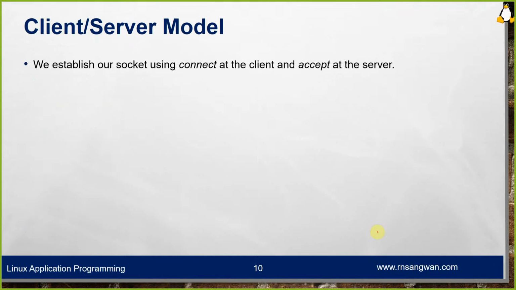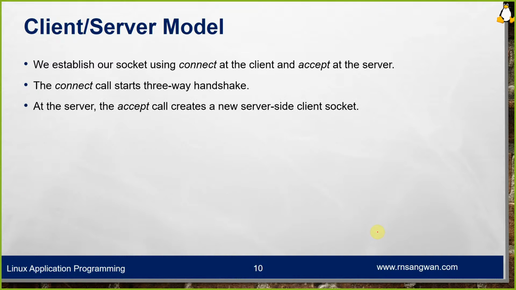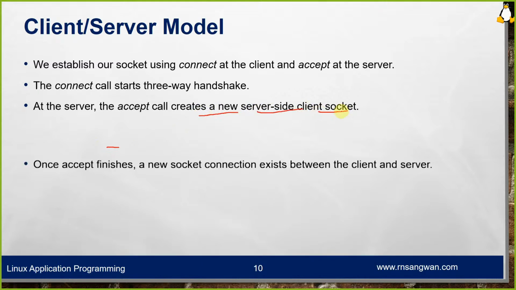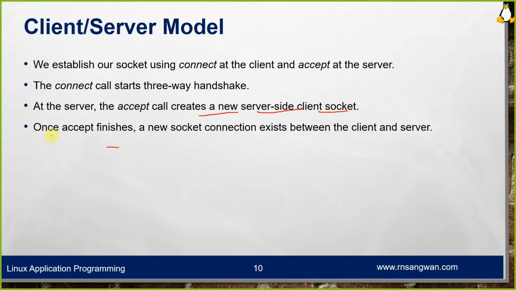We establish our socket using connect at the client and accept at the server. The connect call starts the three-way handshake. At the server, the accept call creates a new server-side client host socket. Once accept finishes, a new socket connection exists between the client and the server.